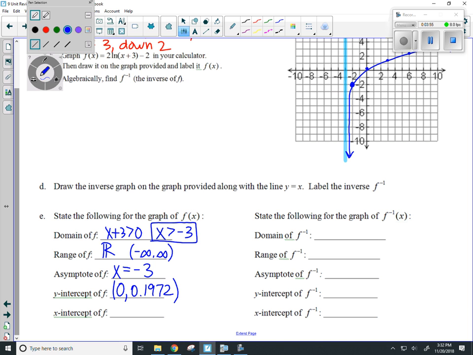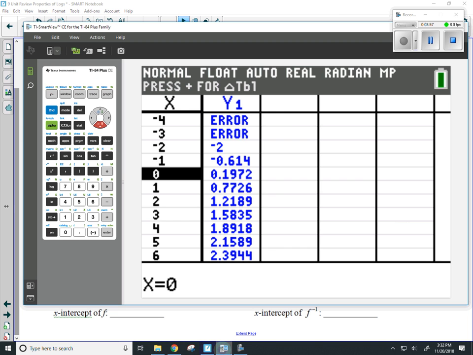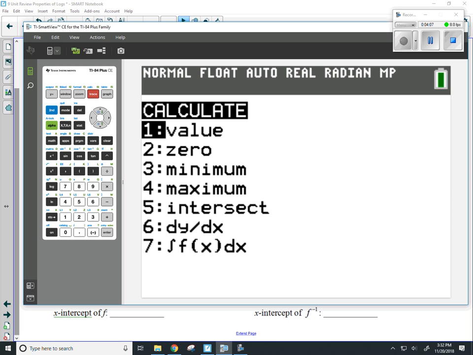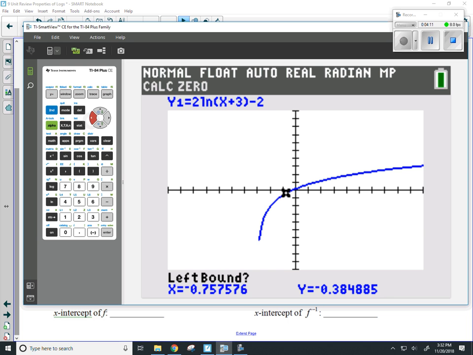Alright, and then the x-intercept, that one's not going to be in our table. However, we can utilize the calculator to find it for us. So for those of you with the TI-84 calculators, you can hit second, trace, and option 2, zero. It's going to ask you left bound and right bound. So there's my left.